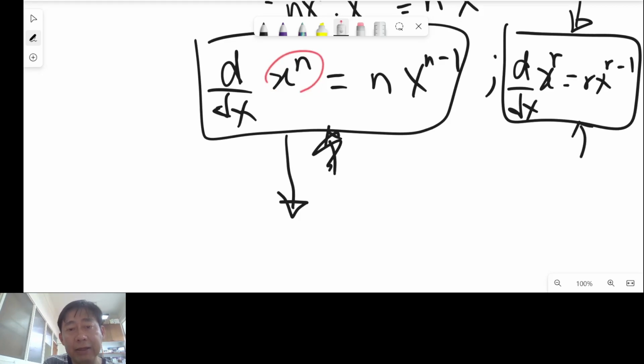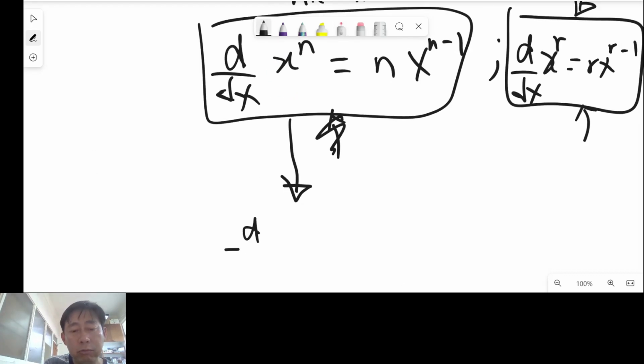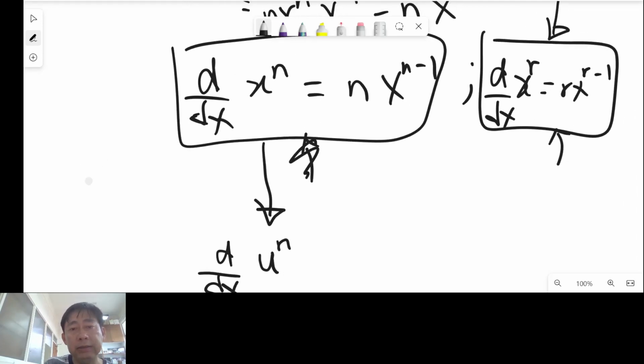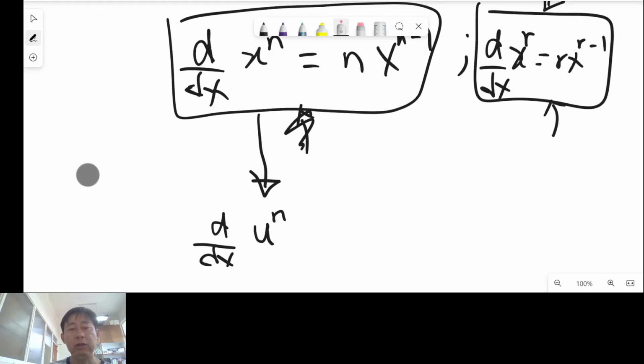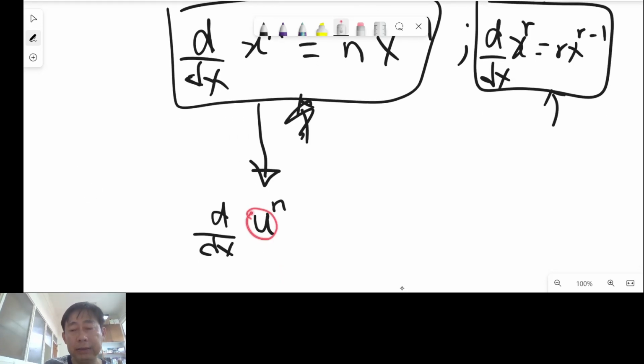So when you generalize this, what do you generalize? You just generalize the x to the u, right? So what happens to a generalized power of u raised to the power n, where n is the same real number as here, but instead of the single variable x, we have a function of x expressed as u.